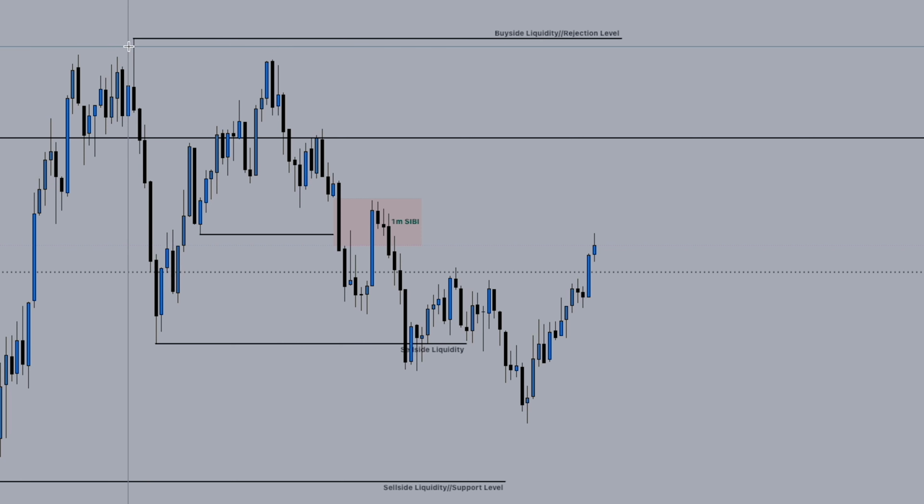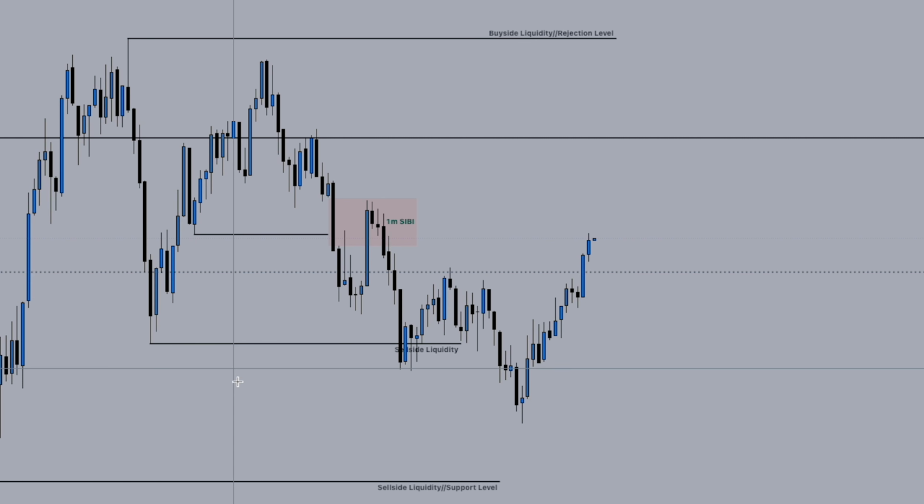And the same thing for a rejection level, right? We look at that as buy side liquidity, where price will come to reject strongly and leave. Okay. So it's essentially the same thing, just a different terminology or a different way of looking at it.